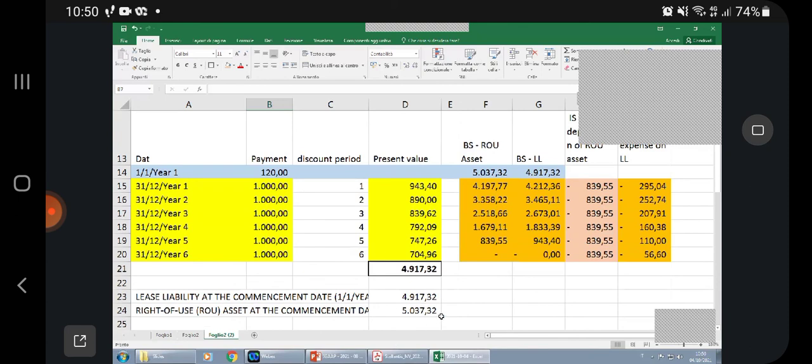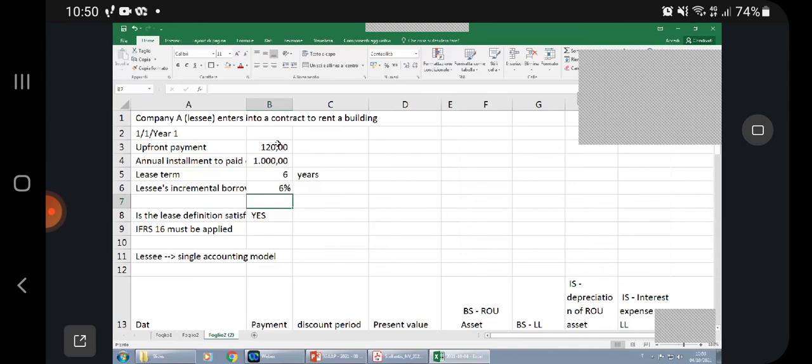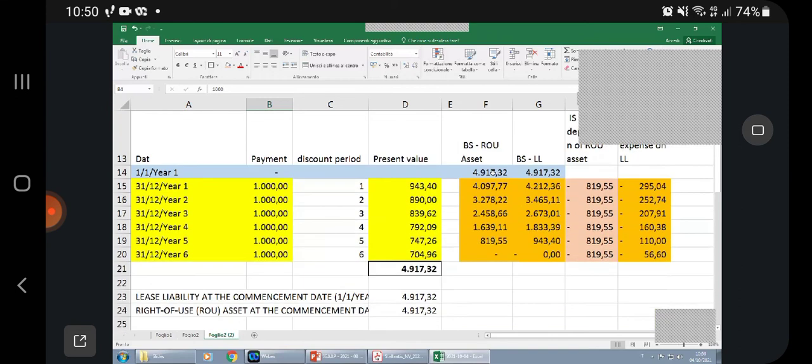Okay? If the upfront payment is not paid at the beginning, as you can see, right of use asset and lease liability have the same amount. If the upfront payment is present, then the amounts are different.